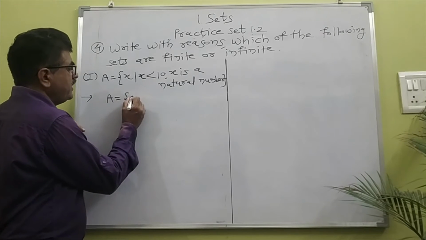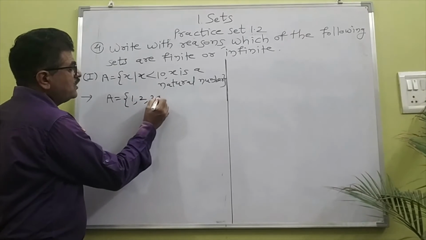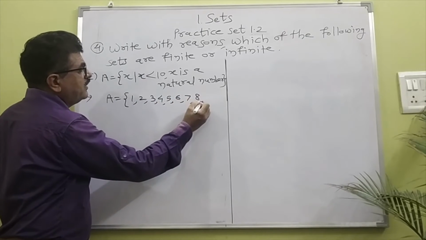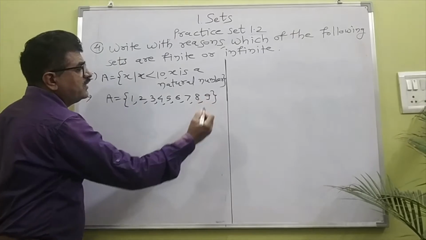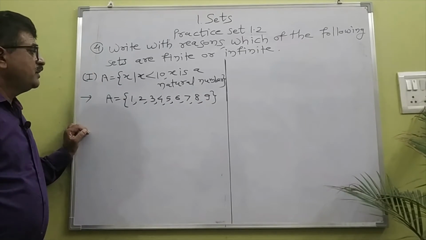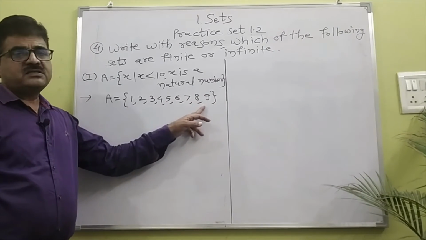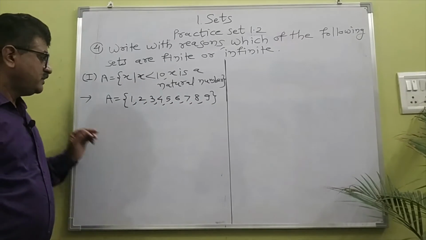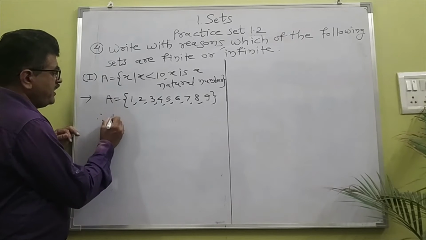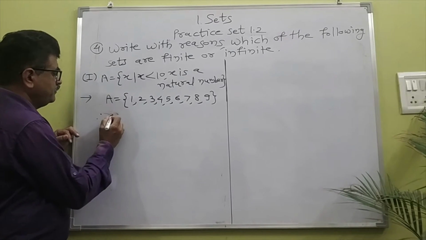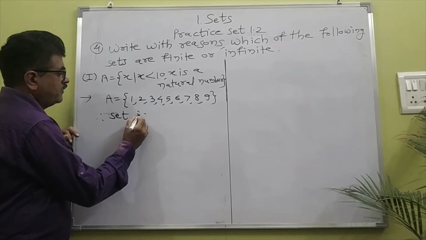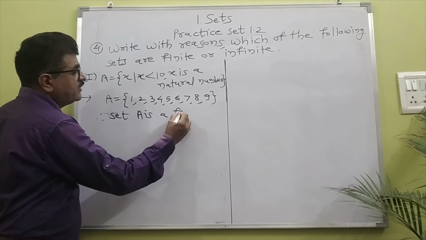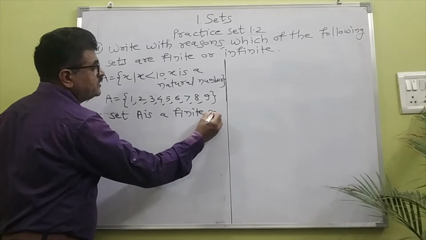Therefore set A contains elements 1, 2, 3, 4, 5, 6, 7, 8 and the last element is 9. These are a finite number of elements, we can count them. Therefore set A is a finite set.